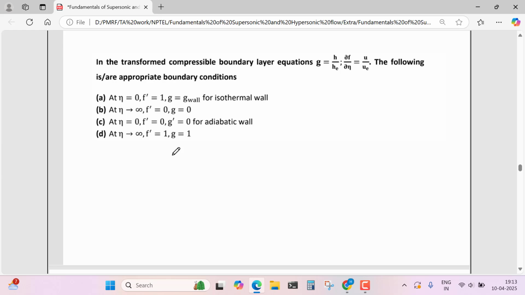B, at eta equal to infinity, F dash equal to 0 and G equal to 0. C, at eta equal to 0, F dash equal to 0, G dash equal to 0 for adiabatic wall. D, at eta equal to infinity, F dash equal to 1 and G equal to 1.